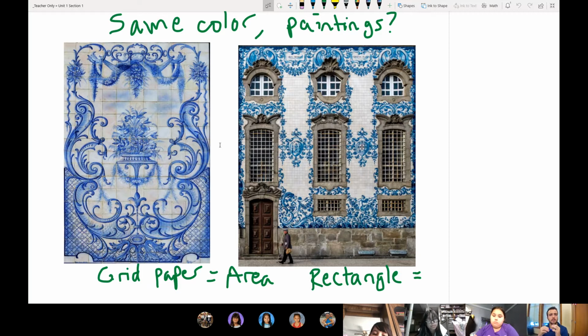Jocelyn, do you have your hand up? Do you maybe want to help Eileen? How can we find the area of a rectangle?